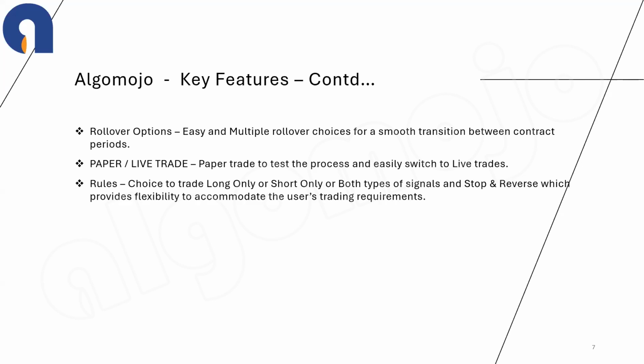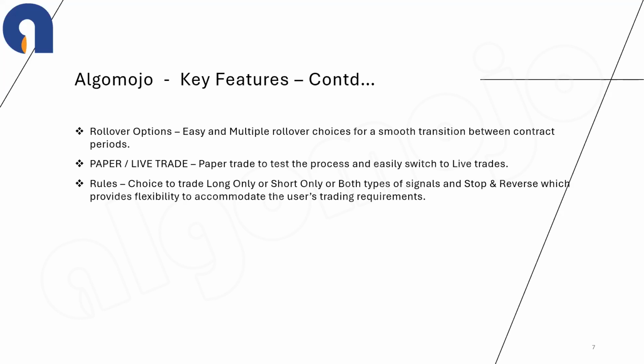Then there are certain rules that we have set, which need to be used along with the strategies that you configure, that you're deploying. These are broadly classified into 4, 5 categories. So, there are people who like to take only long trades. They buy signals only. So for those kind of traders, there's a rule called long only.